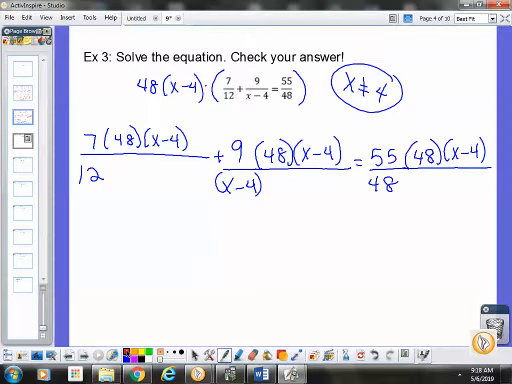I can simplify 48 and 12. 12 goes into 12 once, into 48 4 times. So I have 7 times 4, 28, and then in parentheses, I have x minus 4. You could distribute right there if you wanted to. Plus, I cancel out my x minus 4. So in the second term, I have 9 times 48. 9 times 48 is 432. Equals, I can cancel out my 48s here in the third term.